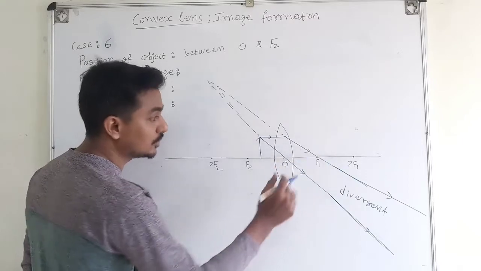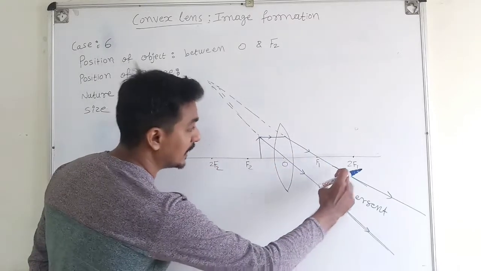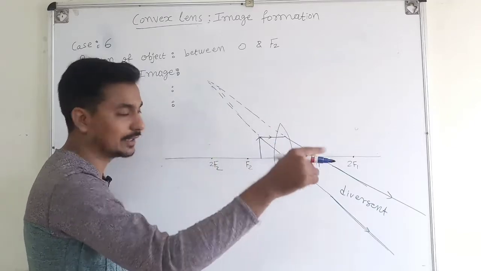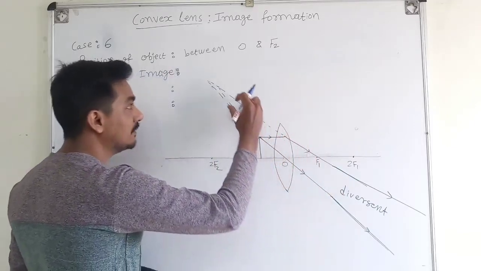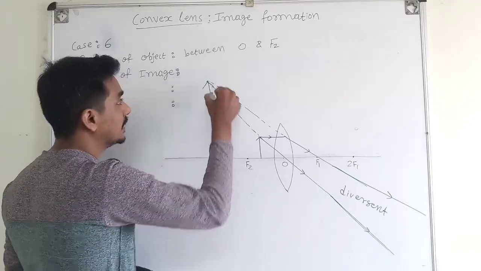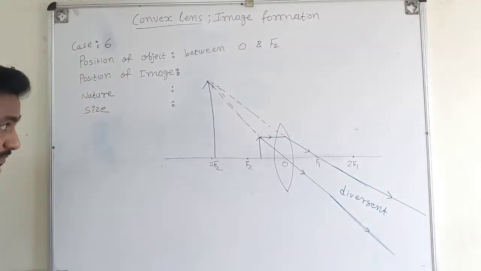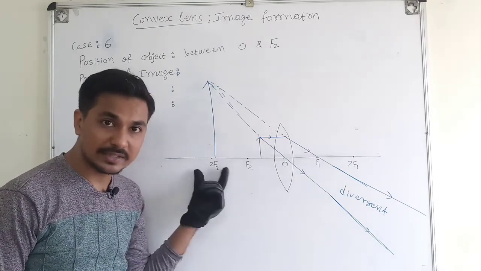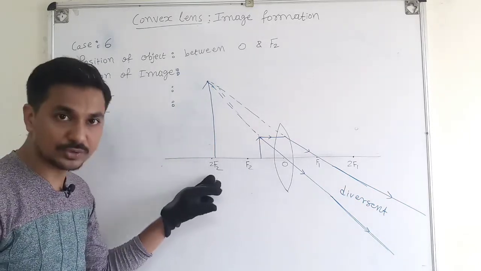See, we need to trace back the refracted ray, right? We cannot trace back the incident ray. So here we are tracing back the divergent refracted ray, and here we will get the image. See, this position is different for all the images. It is not always on 2F2, right?